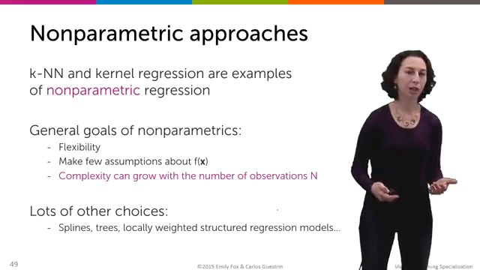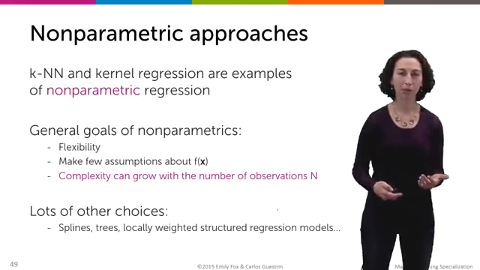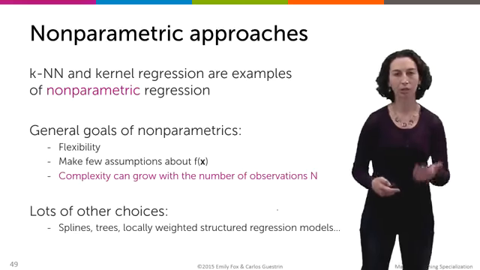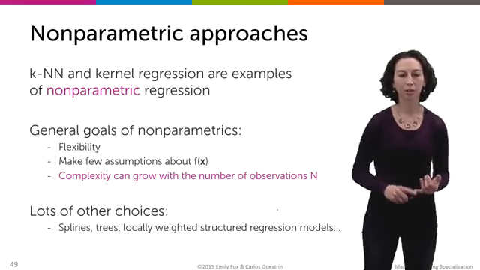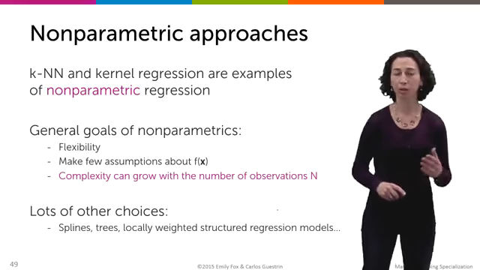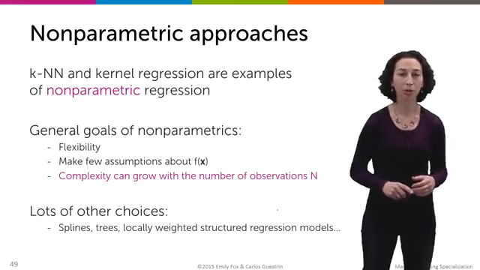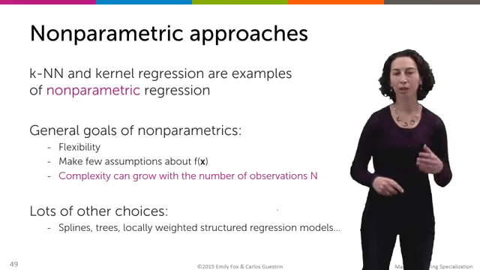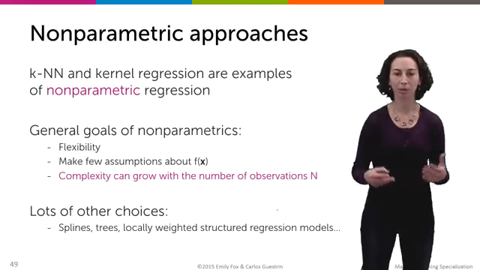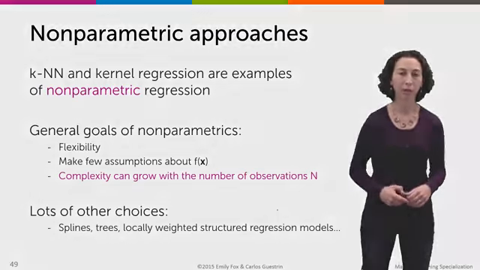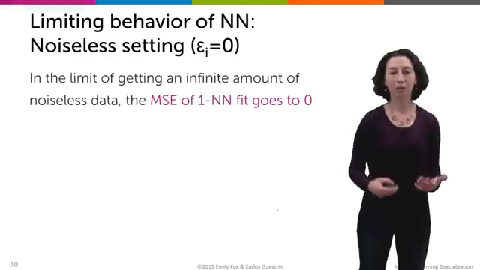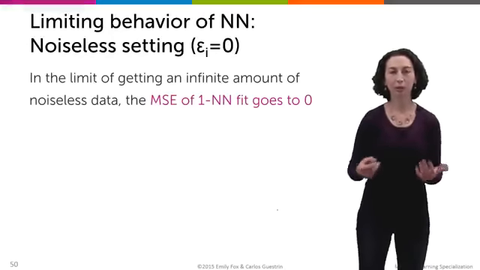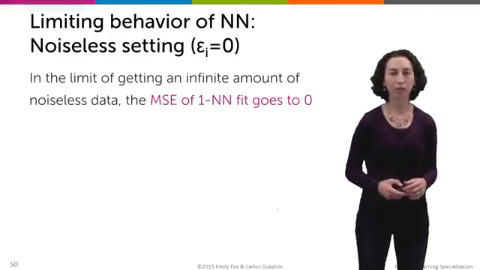But these are just two examples of non-parametric methods you might use for regression. There are lots of other choices, things like splines and trees, which we'll talk about in the classification course, and locally weighted structured versions of the types of regression models we've talked about. So non-parametrics is all about this idea of having the complexity grow with the number of observations.